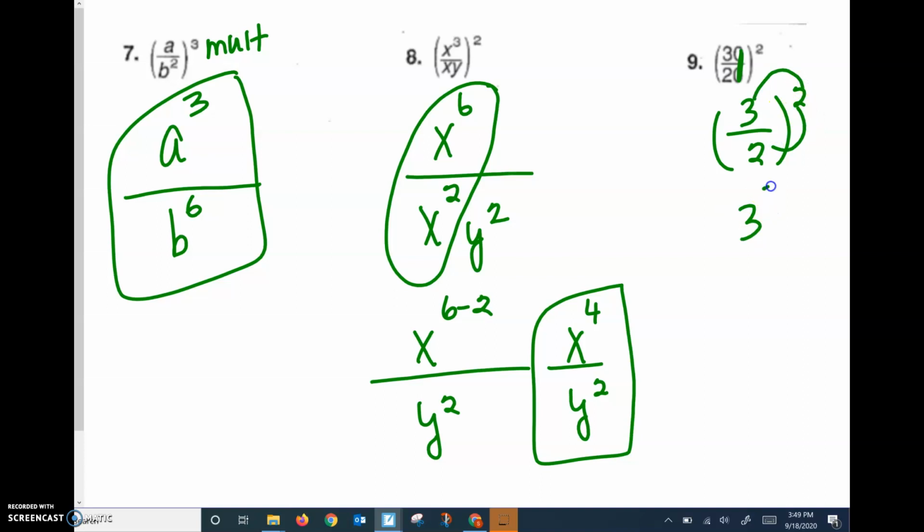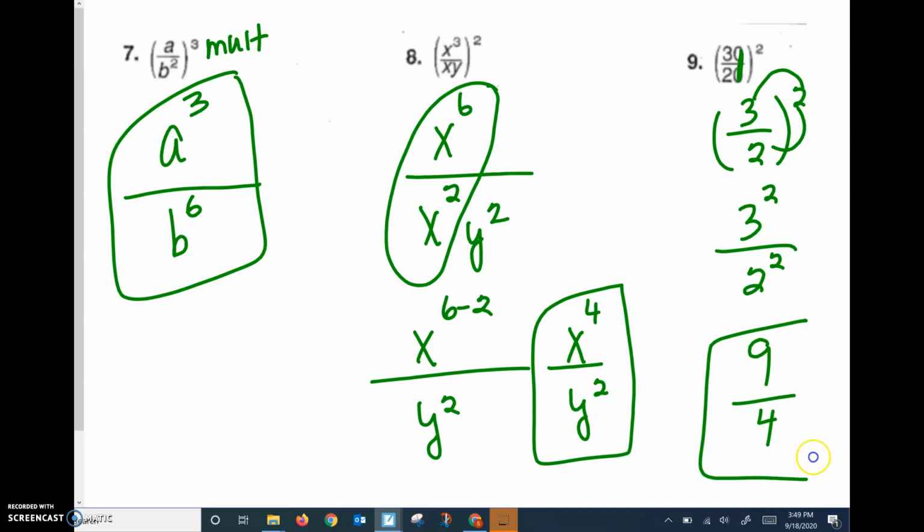So it's 3 squared over 2 squared. 3 squared is 9, and 2 squared is 4. So we have 9 over 4. Some of you might write that as a mixed number, 2 and 1/4. That is totally fine. If you left it as 9 over 4 or 2 and 1/4, that would be fine. All right, so that is a review of your worksheet that you guys just did.